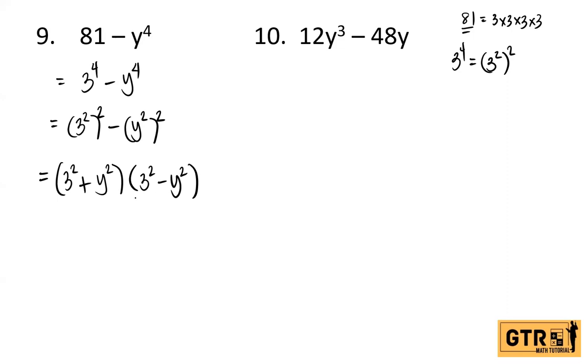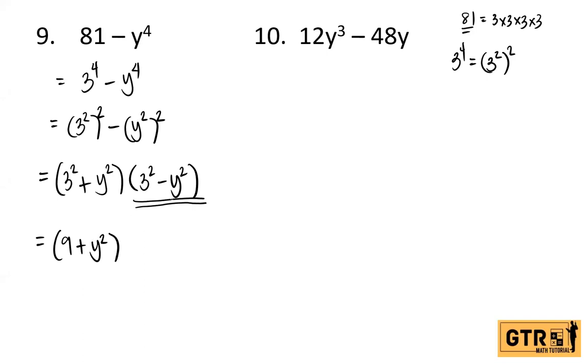Okay? So tapos ito, another difference of 2 squares ito. Tapos ito i-simplify na lang natin kasi yung 3 square ibalik na natin sa standard form niya, yung hindi exponent, gawin na lang natin itong 3 square, that is equal to 9. Okay? So therefore, equal na siya sa 9 plus y square.